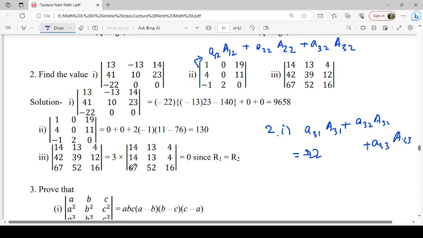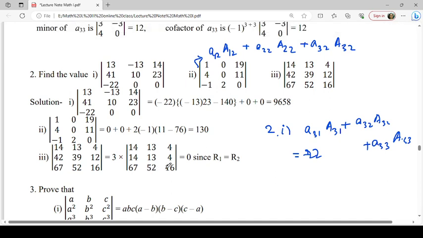And in here, from this we are taking 3 common, from property 4. So 3 into 14, 3 into 13, 3 into 4.